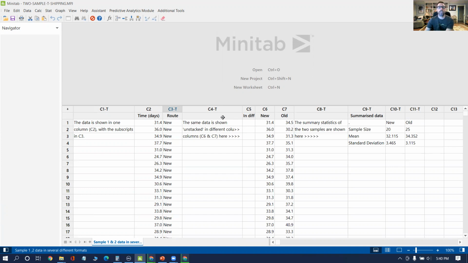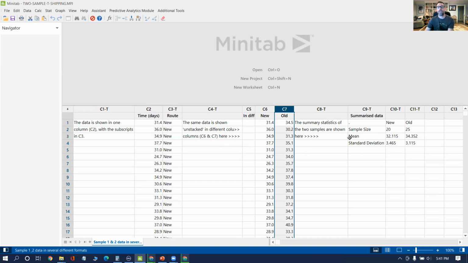And what we've been doing is comparing the averages from the new route to the average from the old route. Over here in column C4, it tells us that these rows are unstacked. So essentially taking the data from column C2 and C3 and separating them. So I have data for the new route in column C6, data for the old route in column C7.